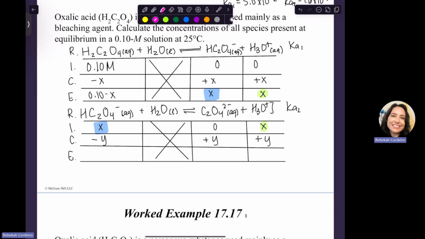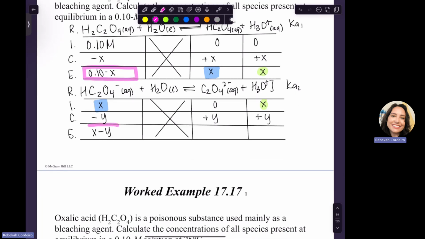So my final answers would be however much of this, and then whatever x minus y is for this one, and then whatever y is for this one, and then whatever x plus y is for our hydronium. So what I've got in pink are all of my final equilibrium concentrations.